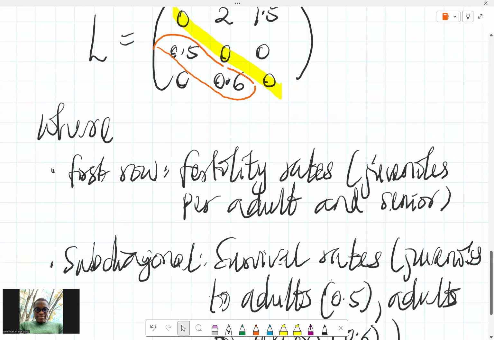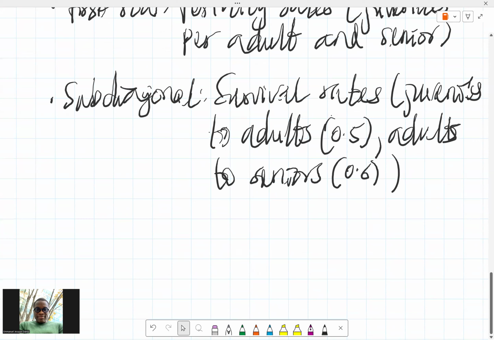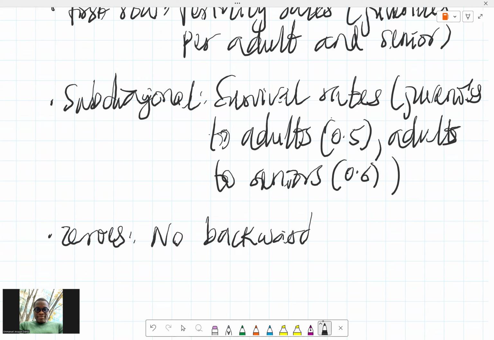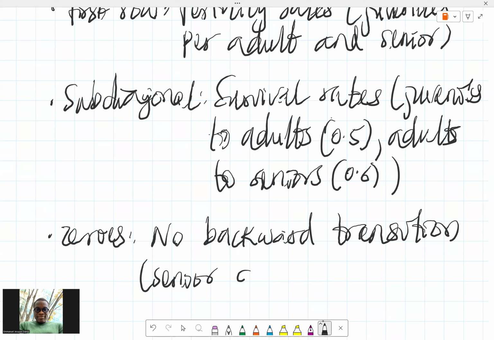Then we have the zeros. All the zeros also have their significance. The zeros mean no backward transition. That is, seniors don't go back to being juveniles, and adults don't become juveniles.